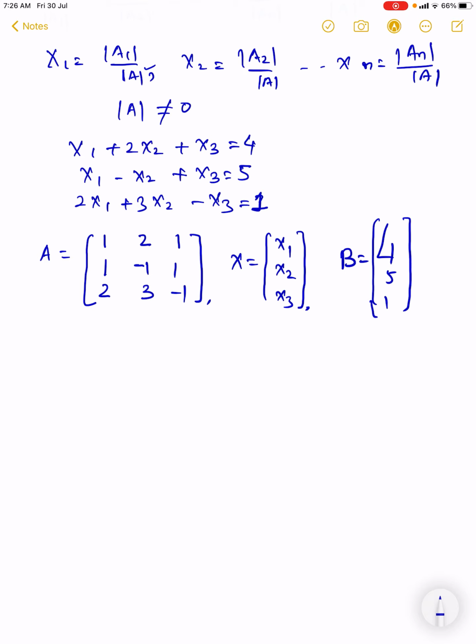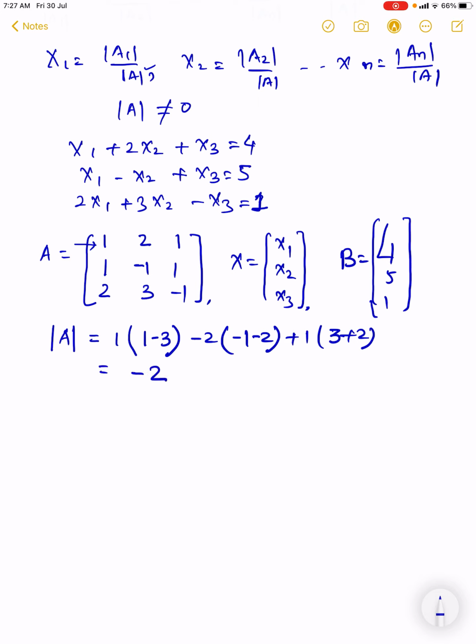So first we evaluate the determinant A value. This can be solved by any single row or column. Say the first row: 1 into (minus 3 minus 2), minus 1 into (minus 2, then plus 1), this is 3 plus 2.